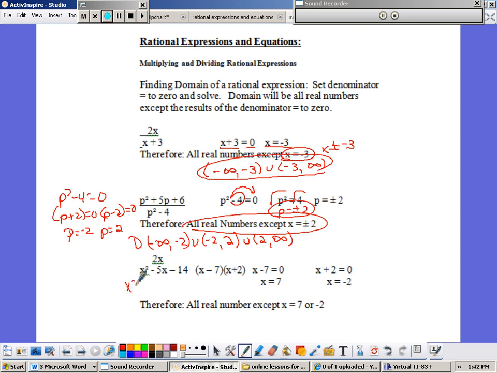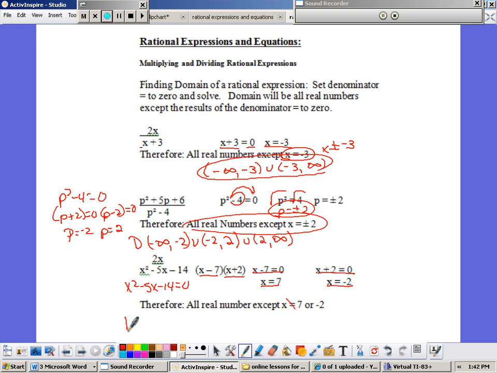I needed to make x squared minus 5x minus 14 equal 0. So I broke it into x minus 7 and x plus 2. x minus 7 equals 0, so x can't be 7. x plus 2 equals 0, so x cannot be negative 2. Therefore, it cannot be these.